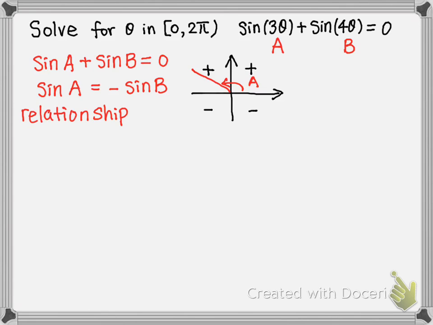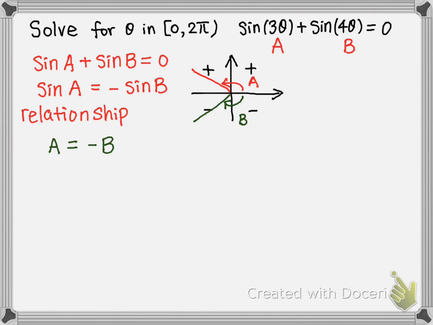So this is your angle B. In order for you to have a negative sine value that is the same as the sine value of angle A, what is the relationship between angle A and angle B?